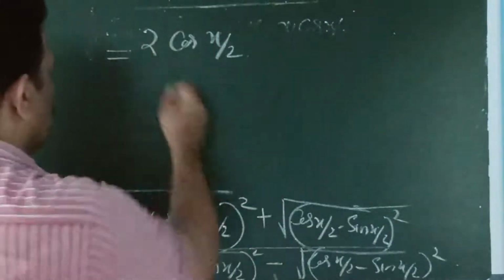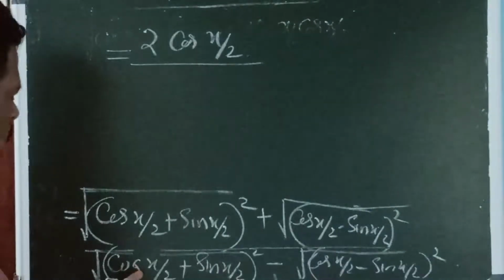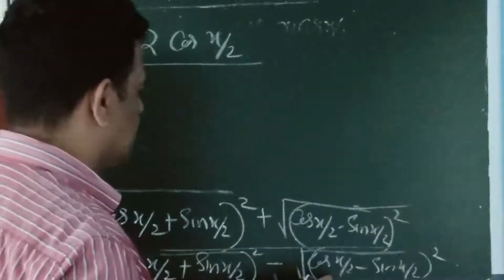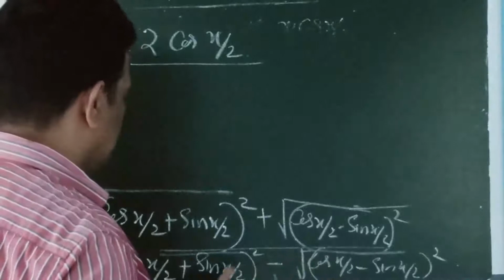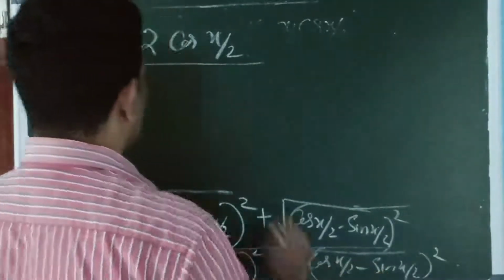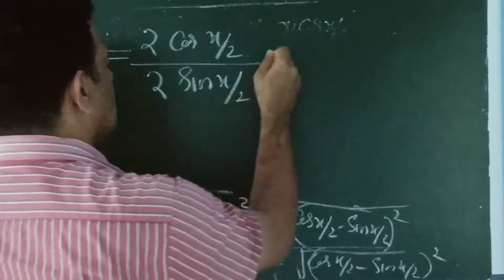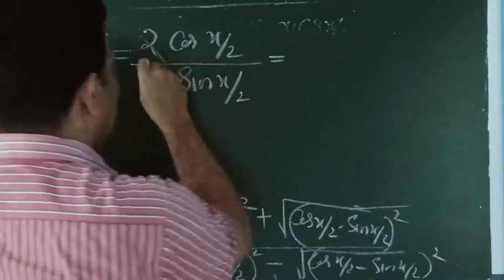Therefore the numerator is 2 cos x by 2 and the denominator is cos x by 2 minus cos x by 2, which cancels, and sin x by 2 minus minus sin x by 2, that is equal to 2 sin x by 2. The 2 cancels, and cos by sin is cot x by 2.